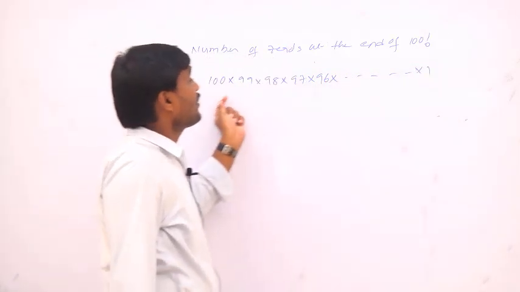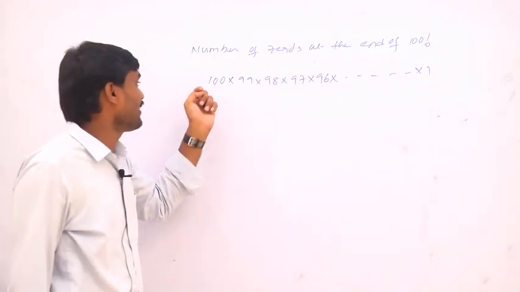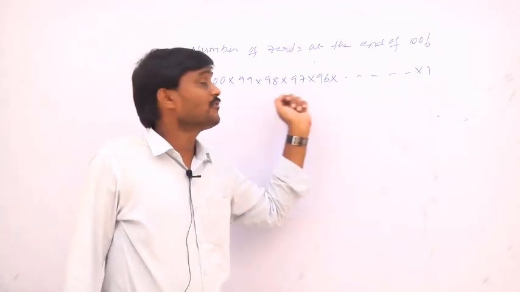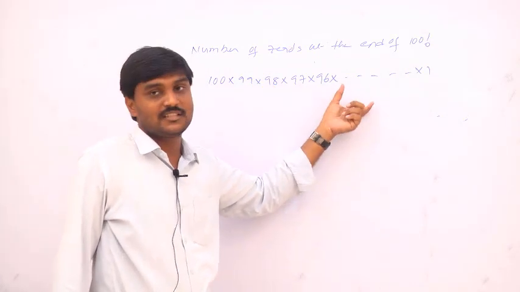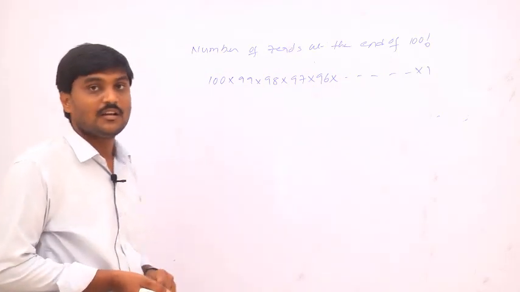If asked for the zeros at the end of 100 factorial, you would multiply 100 into 99, then 98, 97, 96, and multiply the result by 95 and so on, which gives the number of zeros at the end. This is one way.